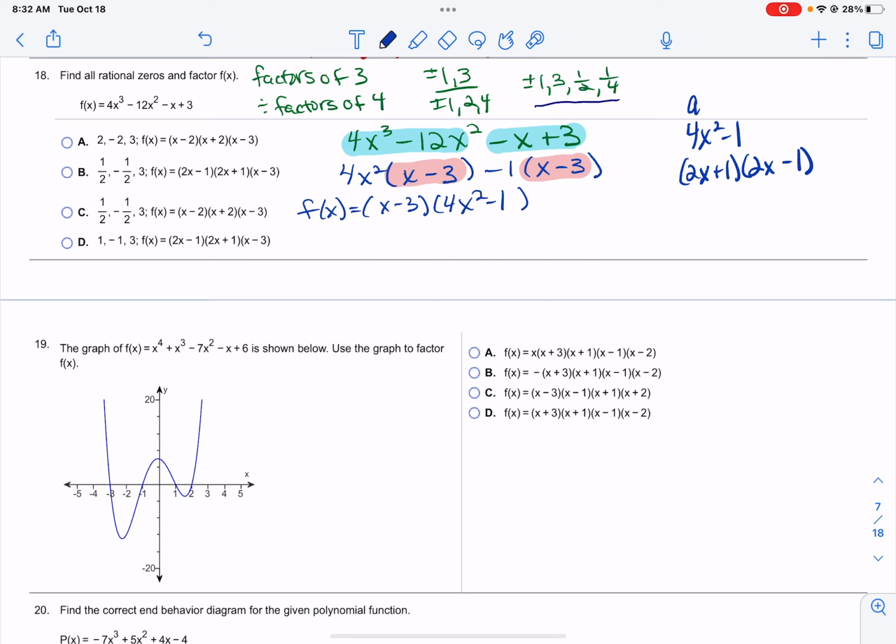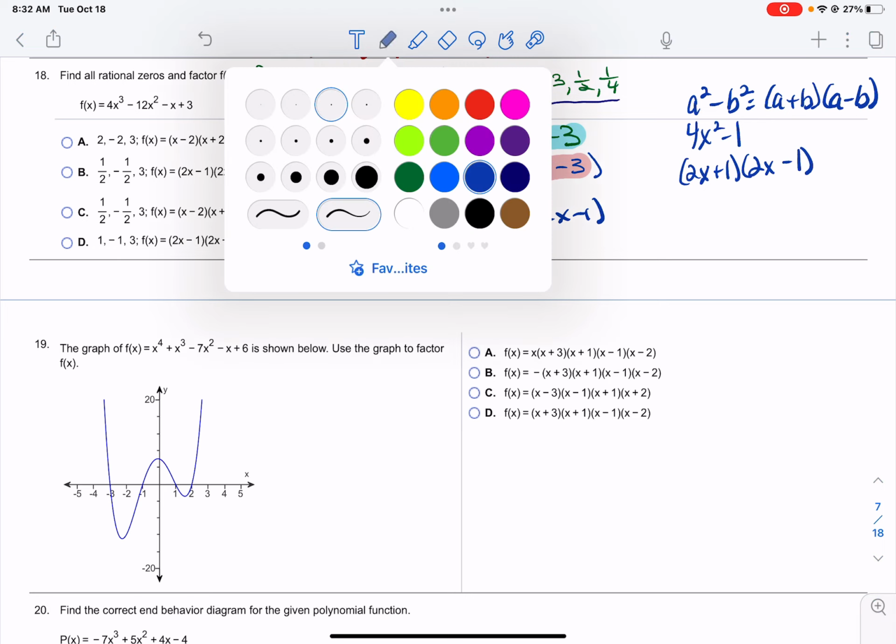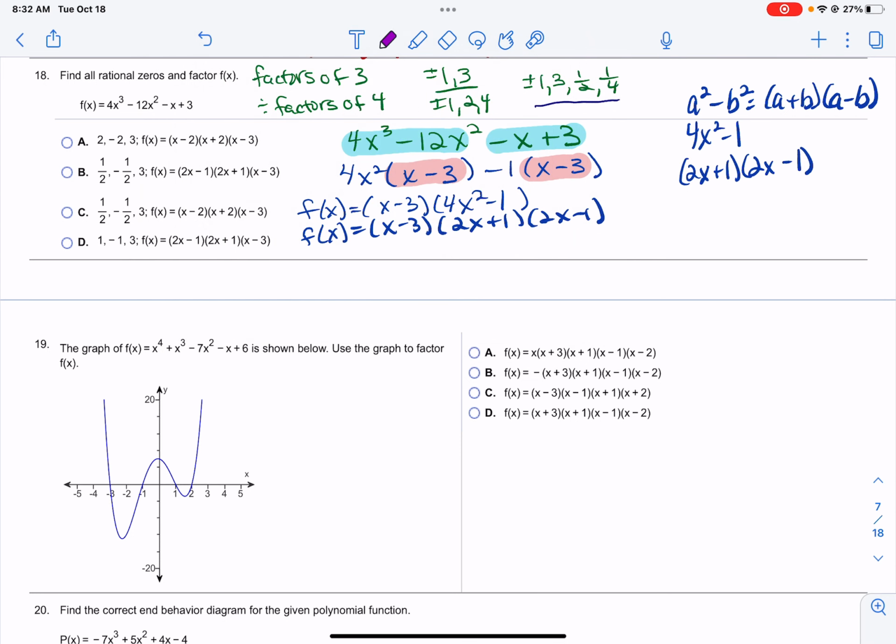Since it follows that model a squared minus b squared, where the factors are a plus b and a minus b, we factor this into 2x plus 1 and 2x minus 1. So this again is a third degree polynomial, so we can have 3 possible factors, and we can find those 3 zeros by setting each of those factors equal to 0.